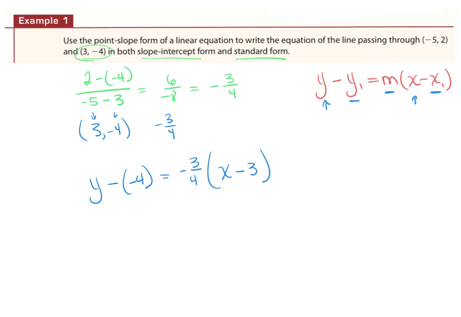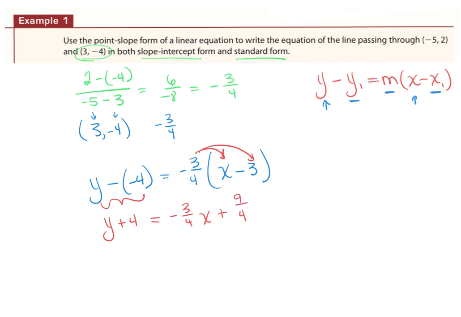They want it in slope-intercept form. So I'm going to simplify this piece, and then I'm going to put it in slope-intercept form. Over here, I'm going to simplify with a plus, right? Minus a minus, well, that's just plus. Over here, I'm going to distribute my fraction: negative 3/4 times x and negative 3/4 times negative 3.